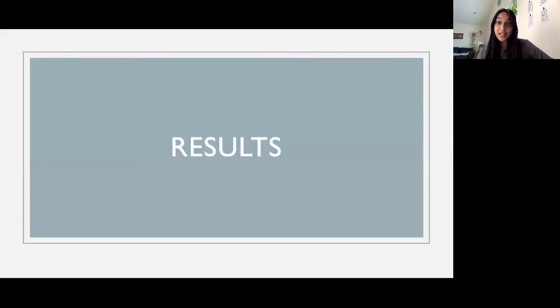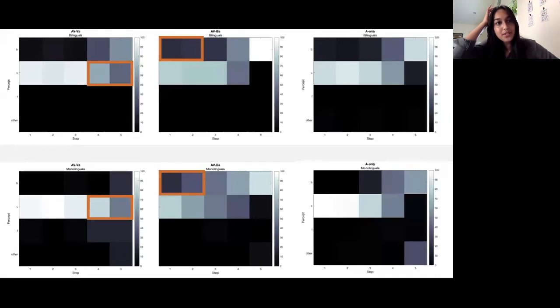So I have some preliminary results that we can discuss. It's kind of hard to do because there are very few participants. Up top, we have the bilingual group, which was only 4 participants, and the bottom three being the monolinguals, which is only 3. The x-axis represents the steps from 1 to 5, step 1 being va and step 5 being ba.